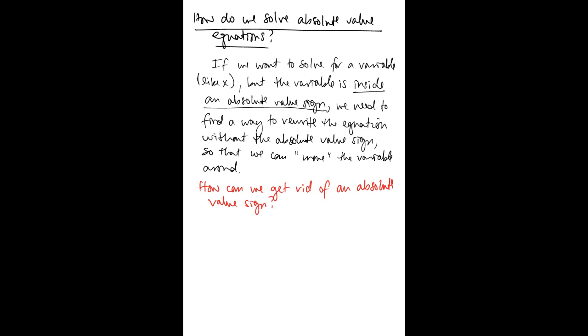What we really mean when we ask this is, how can we replace the equation with an absolute value in it with another equation or set of equations that don't contain absolute value signs? And they have to be equivalent to have the same solution set, right?